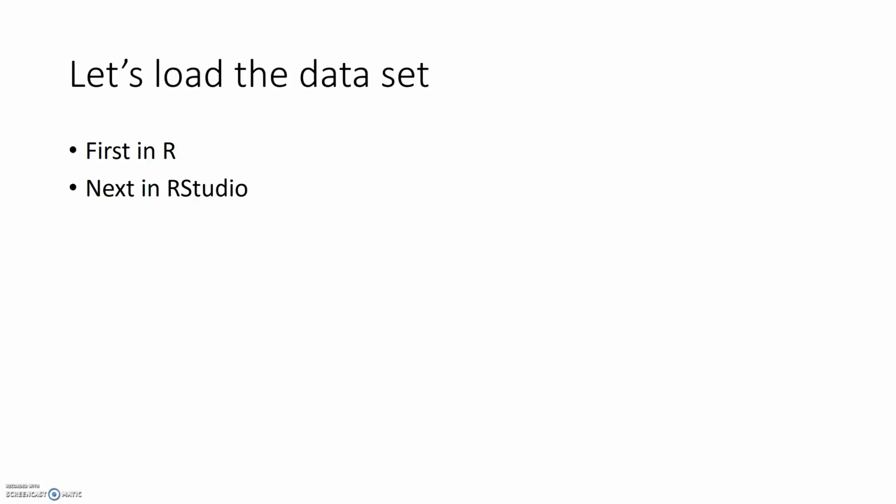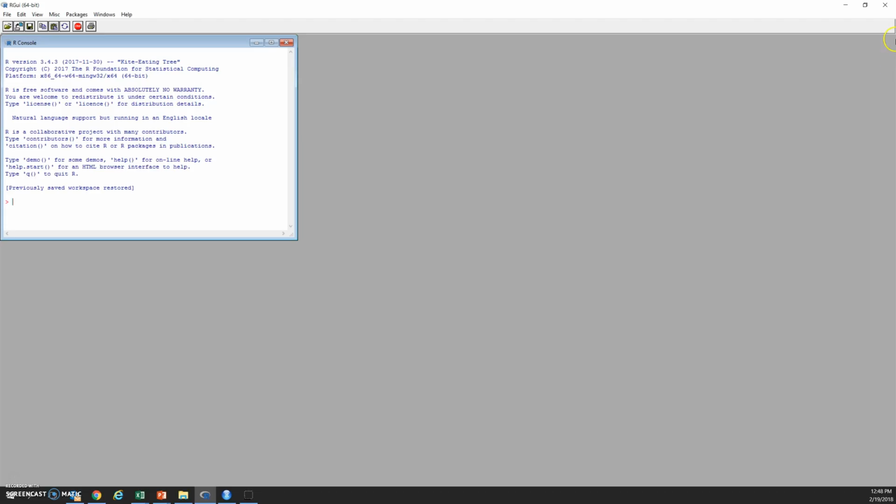Okay, so let's actually go load the data. Find the right directory, find the right place. Okay, this is native R. So what we're going to do is try to load the file into a data frame using read.csv.